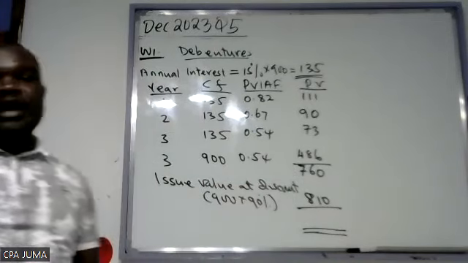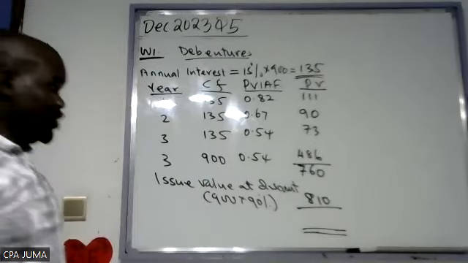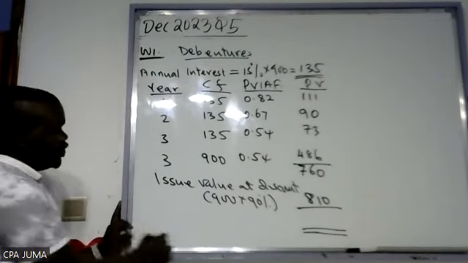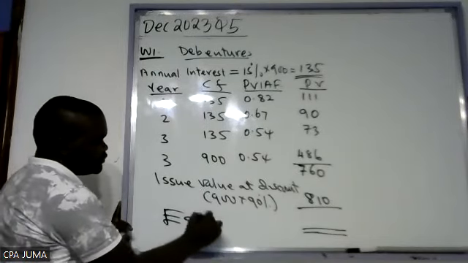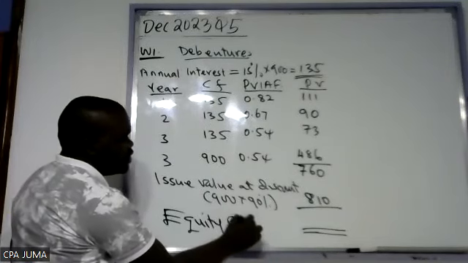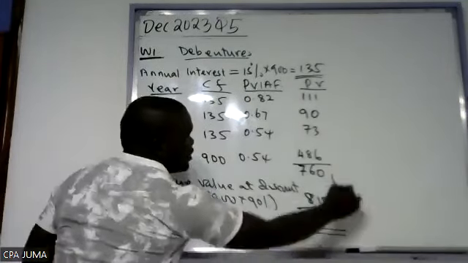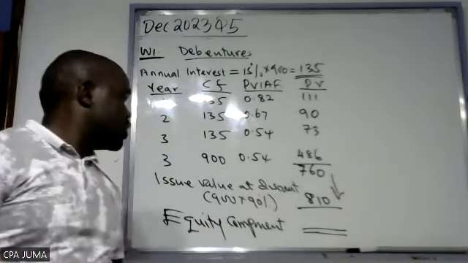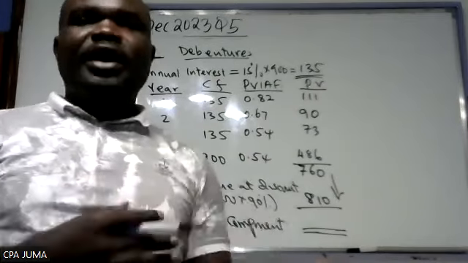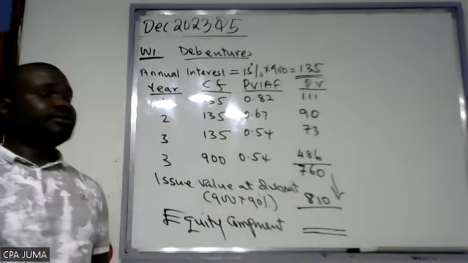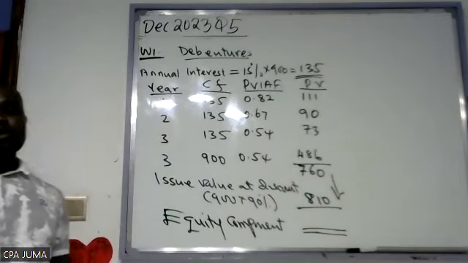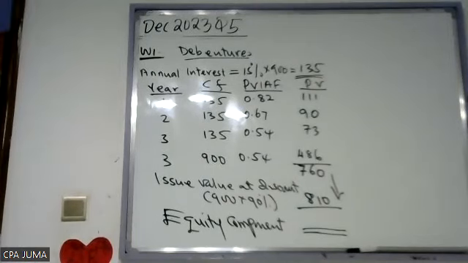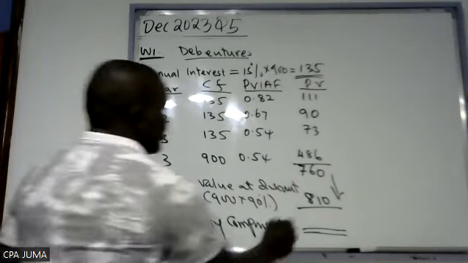So these people, they have gained because the value has gone down. So that gain, if you remember yesterday's question we were doing in reconstruction, the other question, that gain is equity. That is the equity component. The difference between the discounted cash flow and the actual is always the equity, because they are playing around to raise capital. Of how much? The difference between the two? 810, 760, yes, 50.